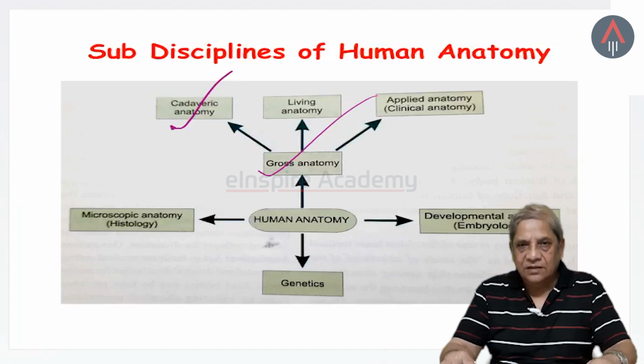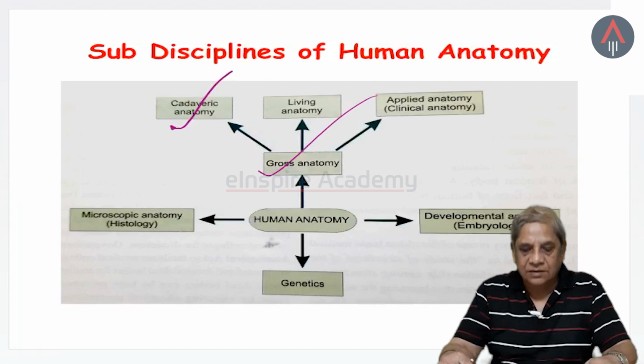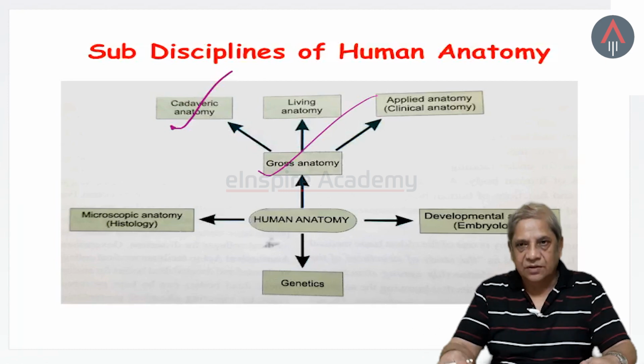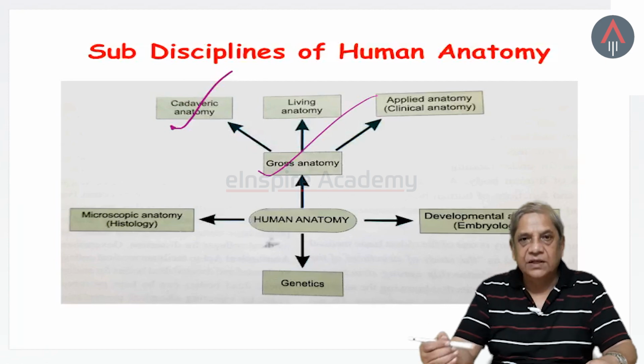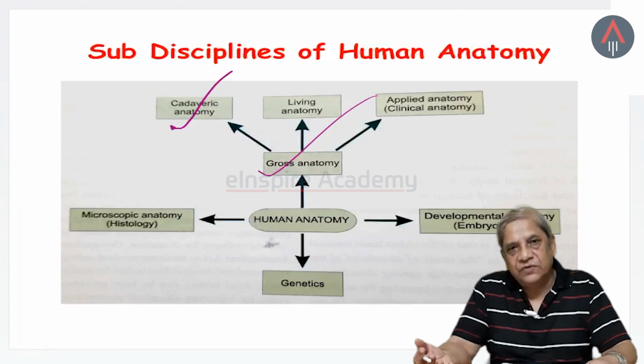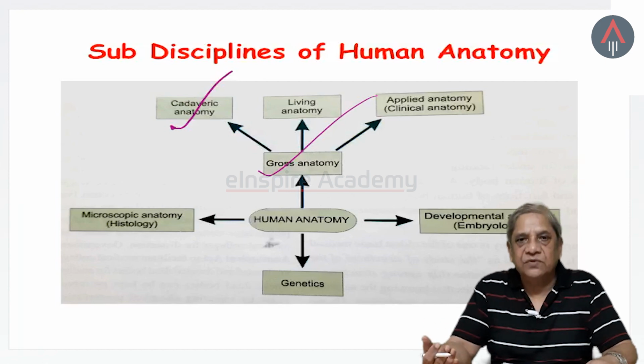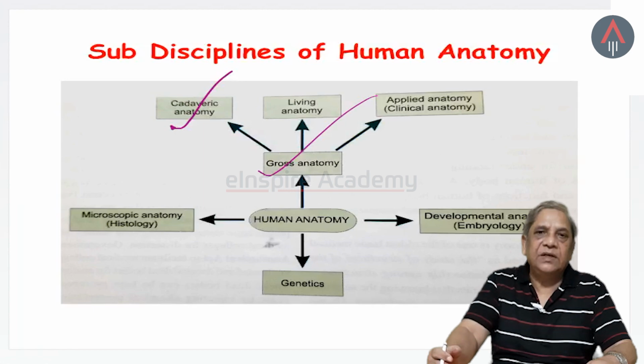The cadaveric anatomy is the anatomy learned from the dead body, but the living anatomy is the anatomy learned from a living person. How to study the anatomy in a living person? Because of the invention of various techniques, say for example X-ray, you can visualize the bone, the joints, and with the help of special procedures you can visualize the lumen of the various organs.